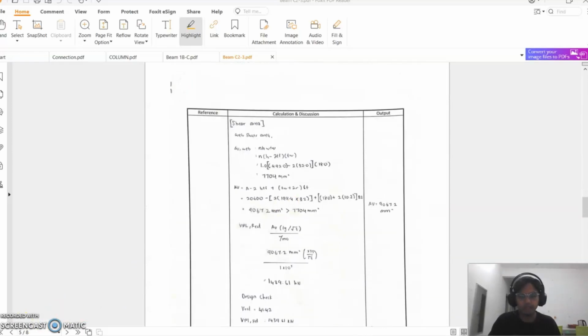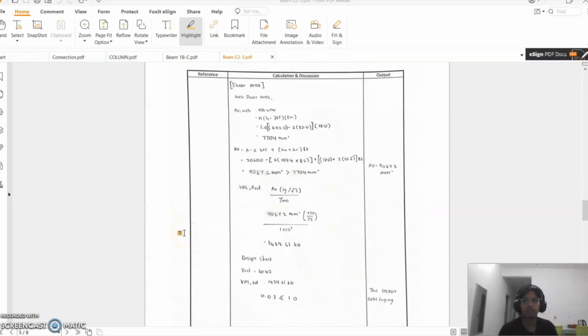For the shear area, the web calculation value is 7,704 mm, and for the Av, the value is 9,067.2.